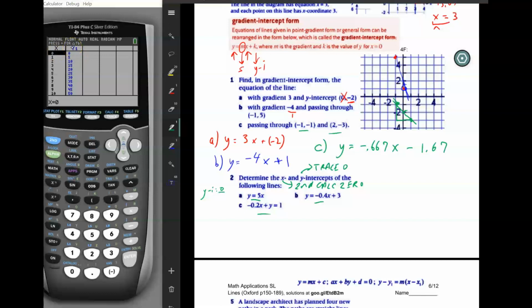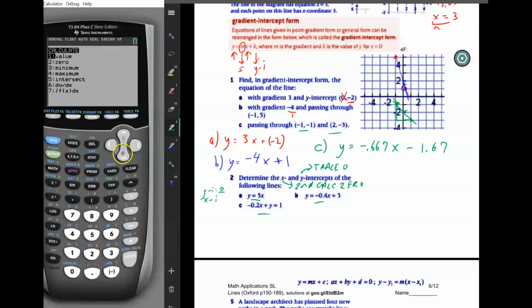Okay? Now we're going to find the x-intercept. So the x-intercept's a little bit more difficult. To do the x-intercept, we do second calc, and then we go down to 0, which is the second position. Basically what we're looking for is, when does the line cross the x-axis, right?